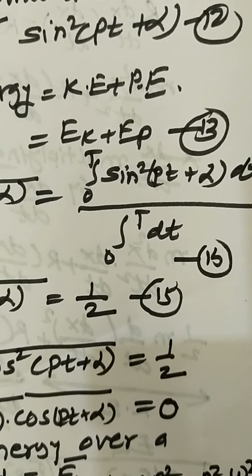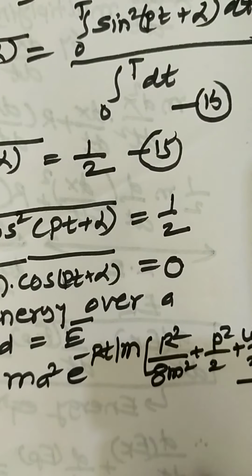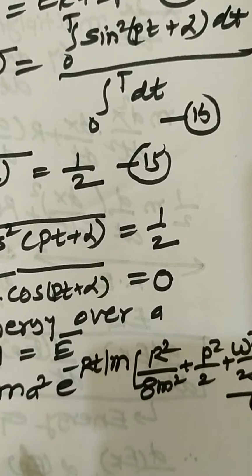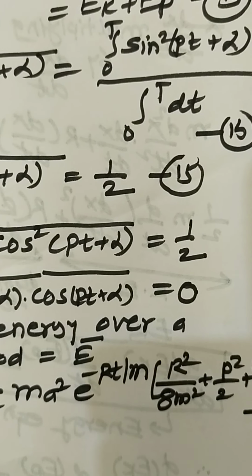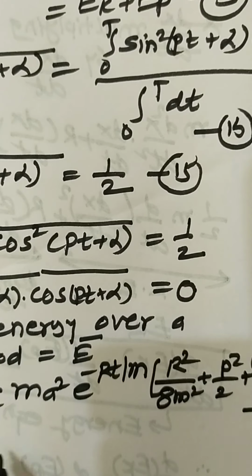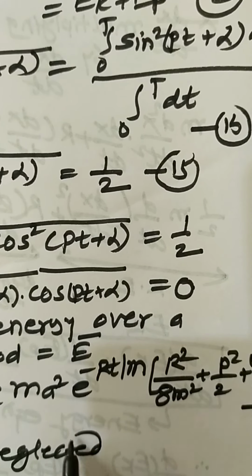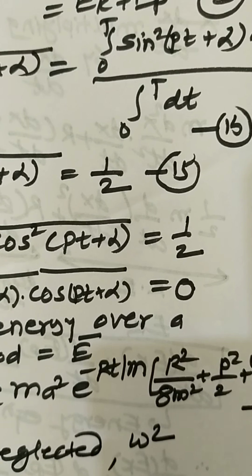This is equation number 16. For low damping, R squared upon 8m squared can be neglected in comparison with omega squared.